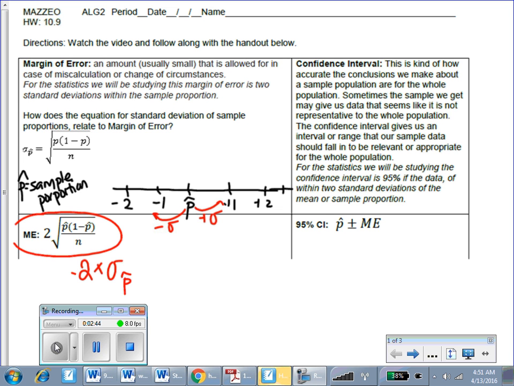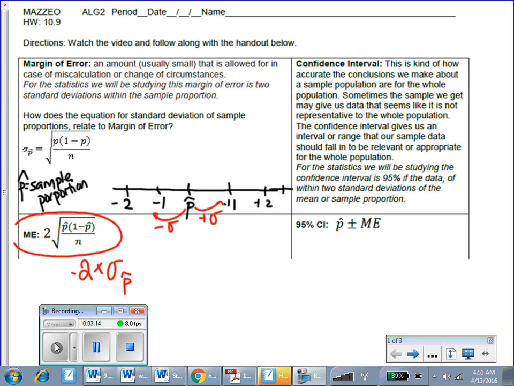It goes hand in hand with confidence interval. So let's read over here where it says confidence interval. This is how accurate the conclusions we make about a sample population are for the whole population. If I'm trying to make a prediction or figure out something that affects a whole population, but I only take a random sample to draw conclusions from, then confidence interval is giving us leeway.